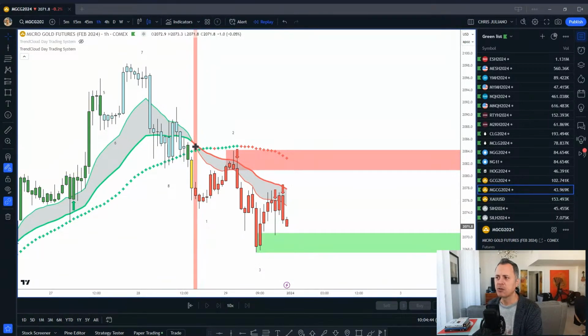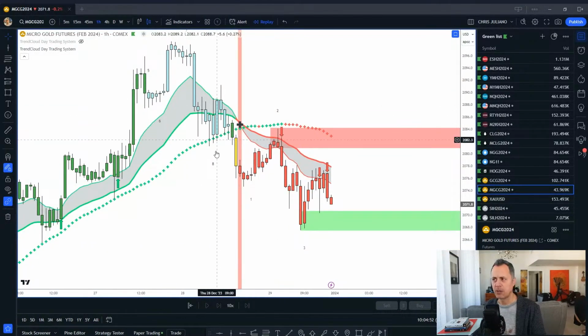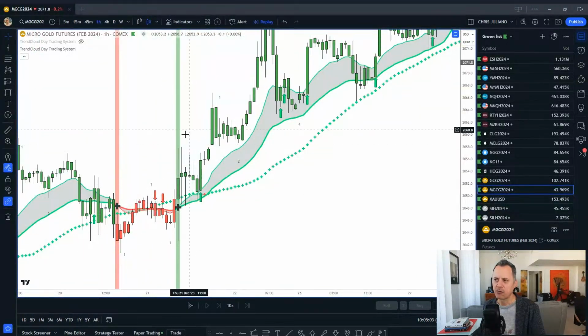In the meantime, you can use TrendCloud to communicate with this person and say, I want to start buying call options of Apple in this area. And you can be buying Apple on those crossovers.